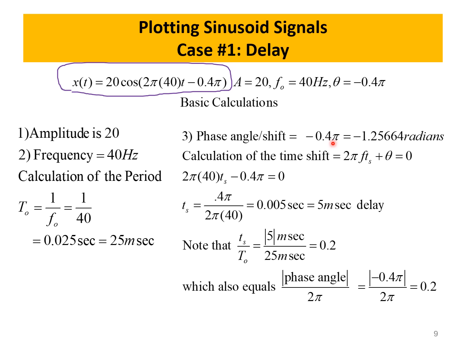Now, the calculation of the time shift, you always do this. As I told you previously, you take your phase shift and you divide it by the radian frequency, right? So this is minus 0.4, you just take 0.4 pi and divide by 2 pi 40, and that's going to give you the time delay. So we have a time delay of 5 milliseconds.